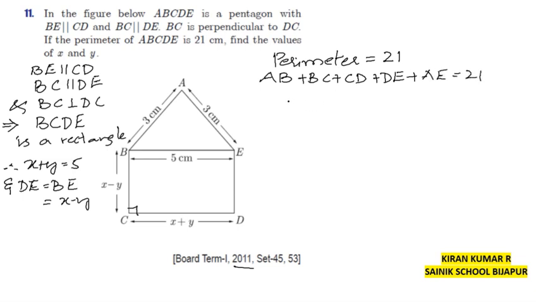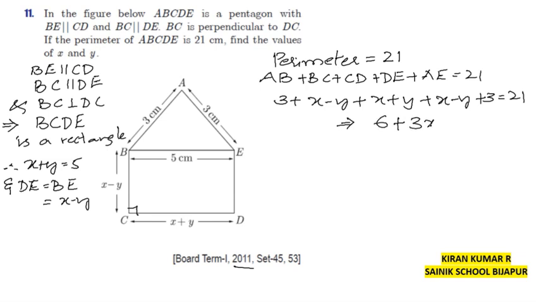Let us replace the values which are given here. So 3 plus x minus y plus x plus y plus x minus y plus 3 will be equal to 21. Further simplifying this, we'll be getting 6 plus 3x minus y equal to 21. Therefore, 3x minus y will be equal to 15.